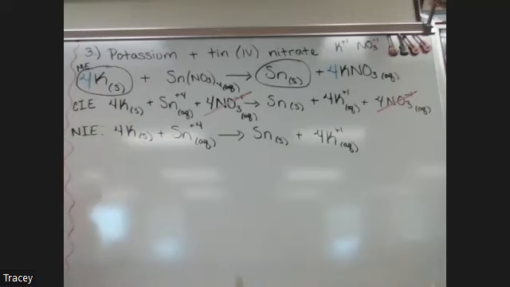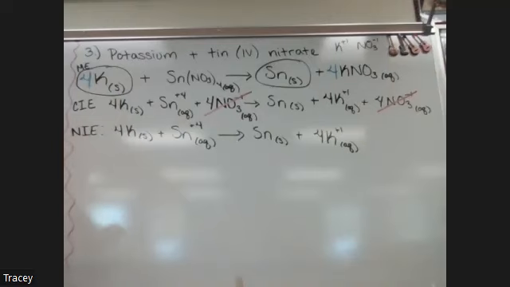But I do like to write the oxidation half reaction first. So reduced in chemistry means the same as in everyday life. Price reduced means that price went down. In chemistry, if a species was reduced, that means the charge went down.